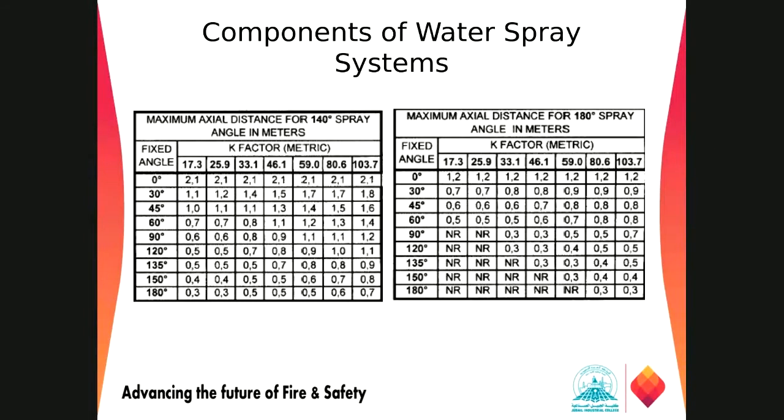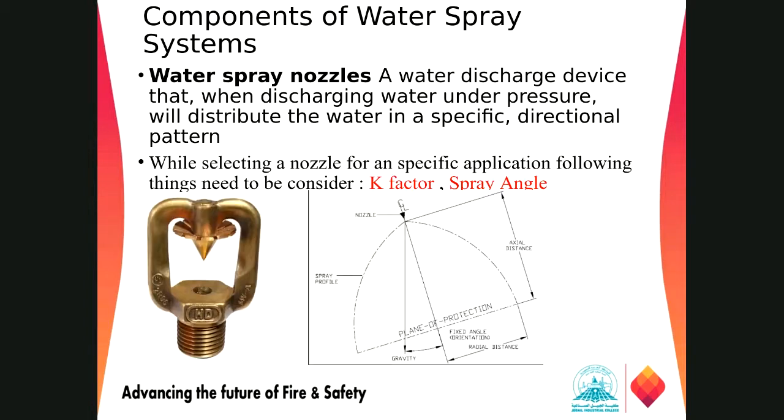Sorry, Mr. Rabi, again, the axial distance is what? Yeah, here we have our nozzle discharging the water. It will make a spray pattern like this only. So this is our plane of protection, meaning the steel parts we are protecting.